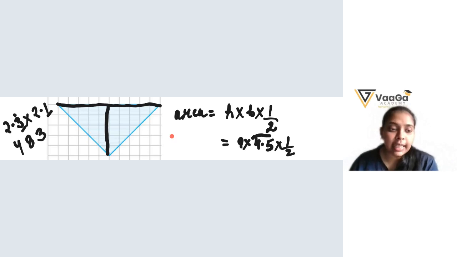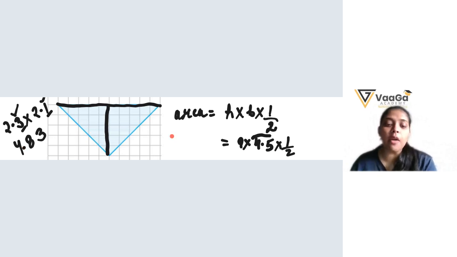This is the one digit and this is the other one. So in total, 2. So I'll put the decimal after 2 digits. So the answer will be 4.83. Did you get it?